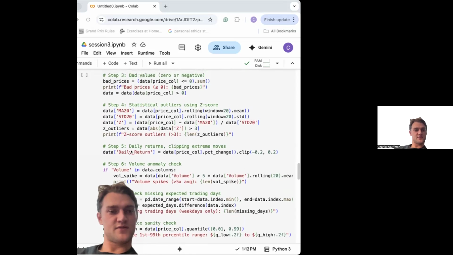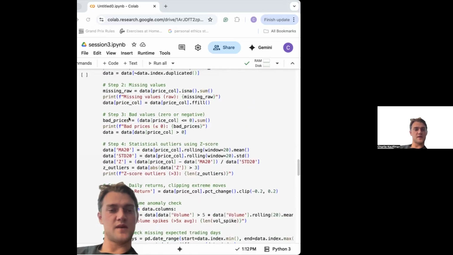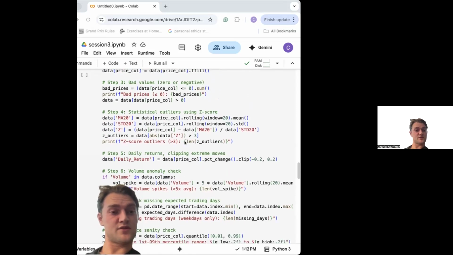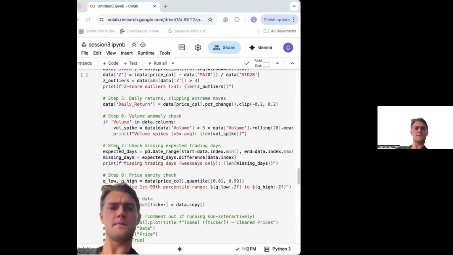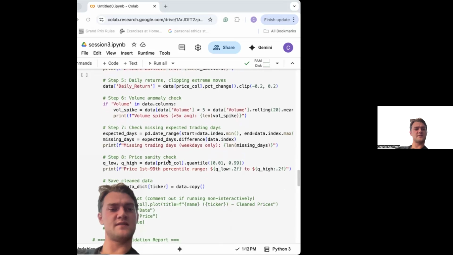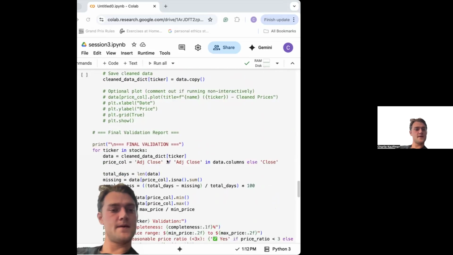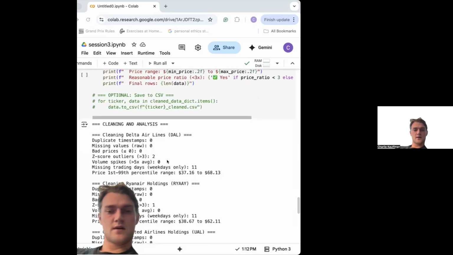And this is different from, sorry, I was getting it mixed up with bad values up here, but this is prices that were zero or negative, which aren't possible. But it's kind of similar to missing expected trading days.